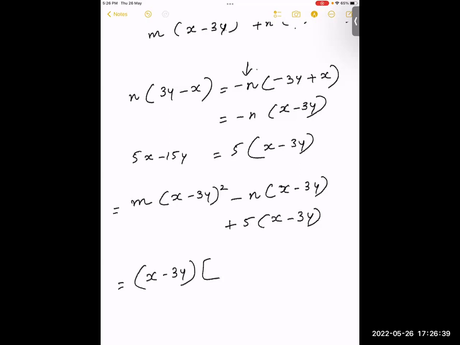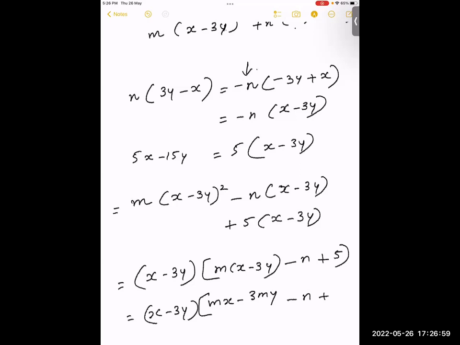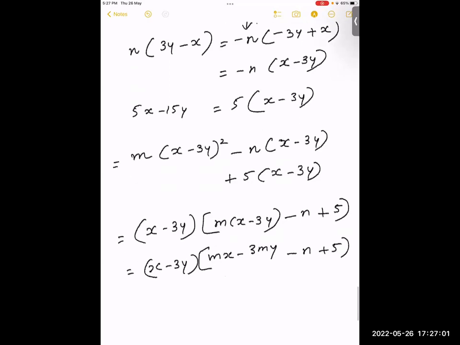In the first term, what is left? m into x minus 3y, which will become mx minus 3ym. Minus n plus 5. So minus n plus 5, that's all the answer is. Making x minus 3y common was the task there.